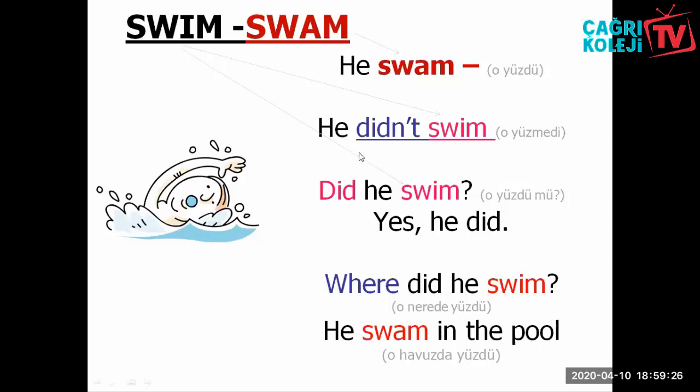When it is negative, we go back to the bare infinitive. Swim, first form of the verb. And did he swim? Yes, he did. No, he didn't, you can say. Where did he swim? He swam, because it's a positive sentence and we have to use the second form of the verb. He swam in the pool.